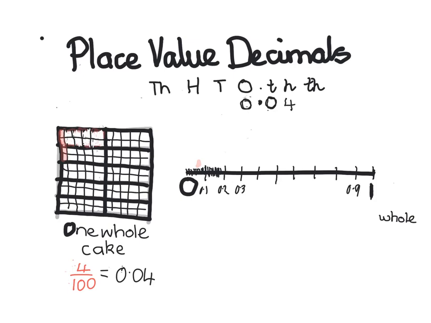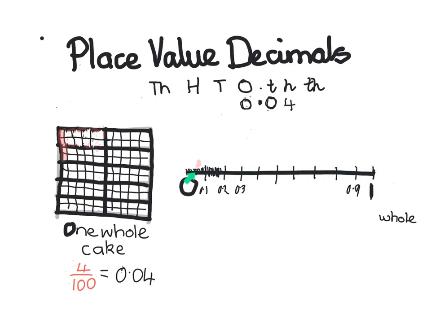0.04. On my number line, and I really do have to apologise here, I couldn't fit 10 little lines in between each, but my hundredths would mean I'd need to have 100 little lines all the way from 0 to 1. Between 0 and 1, 100 equal parts.